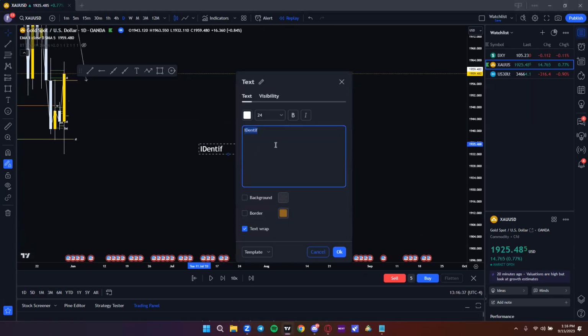Identify source and source break. Let's see if price tests your breakout level.